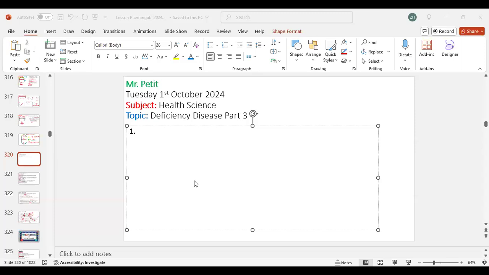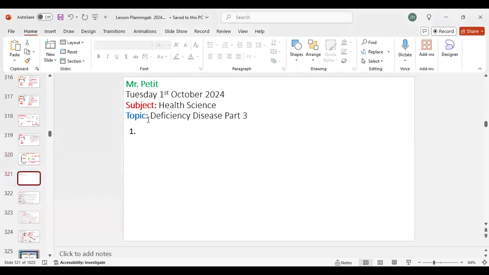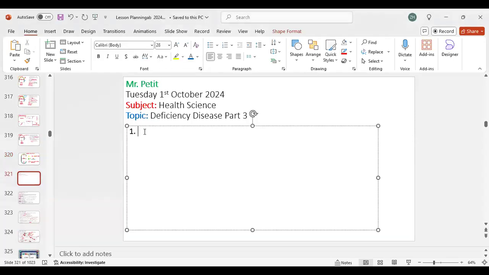Okay, so we're going to be looking at this particular deficiency disease. Anyone know how to pronounce this? Wait, let me make sure I get the right spelling.